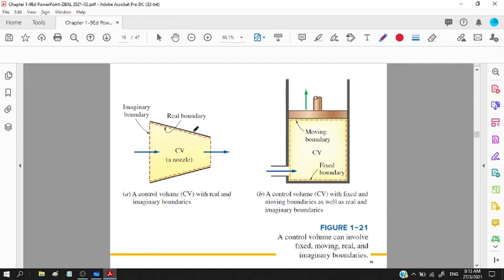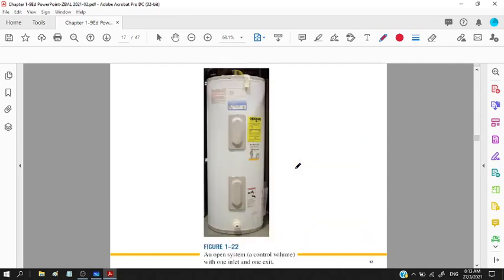But as far as the side of this boundary is concerned, it is a real boundary, basically the casing of the construction of this nozzle itself. This is again another example of an open system. We have the charging process. Another example of an open system is a water heater. We have cold water in, and hot water out.